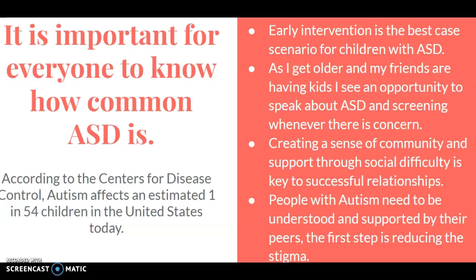Early intervention is the best case scenario, and understanding that the likelihood of children being on the spectrum is high, but also knowing what the signs are. As I'm getting older and my friends are having kids, I see it as a personal opportunity to speak about ASD and talk to them about screening whenever there are missed milestones or possibilities for positive therapies.